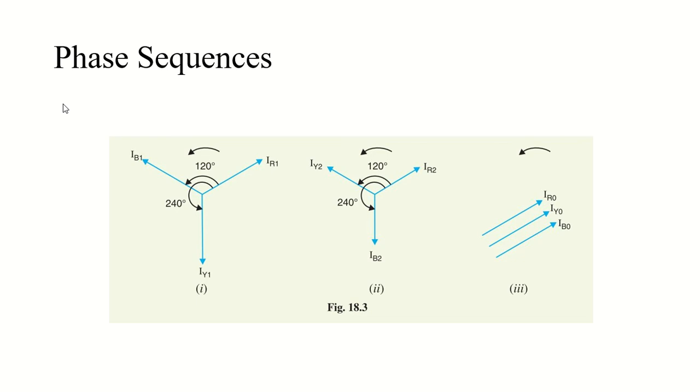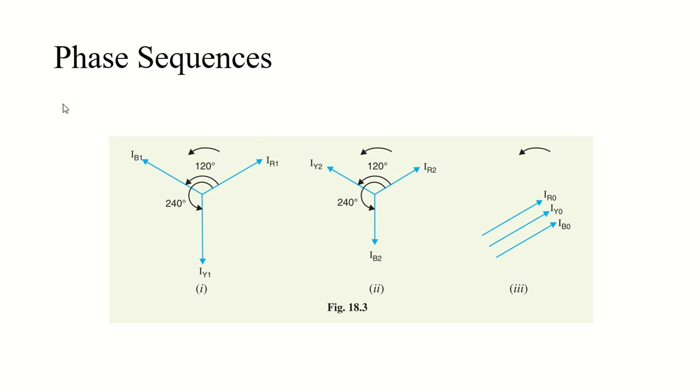and there are three types of these sequences. The first one on the immediate left, which you are seeing in the figure, is called the positive phase sequence. So here you can see three vectors, IR1, IY1, and IB1.